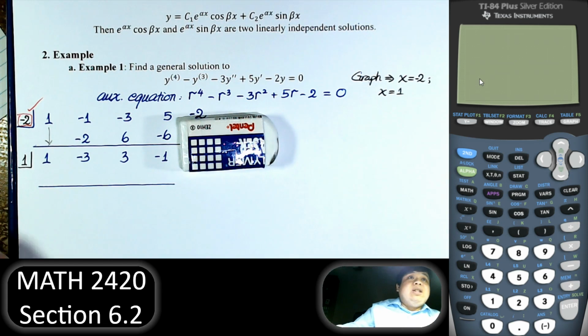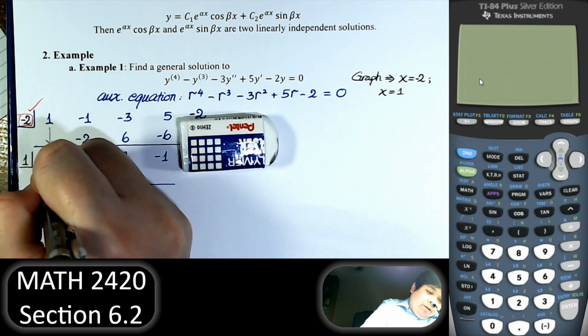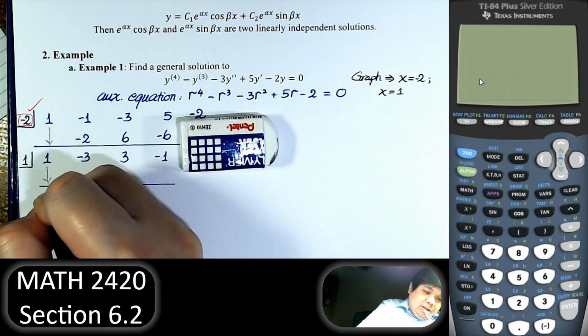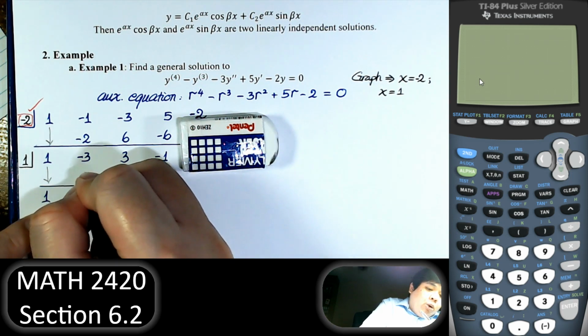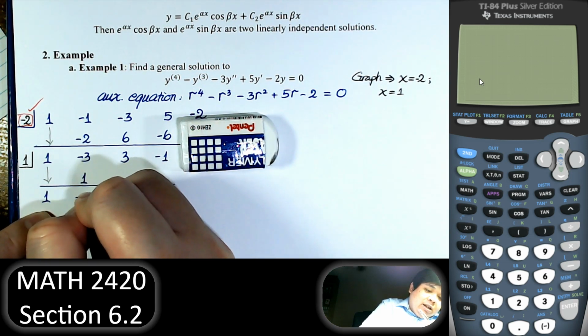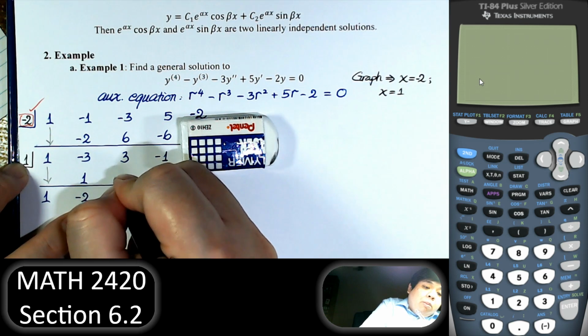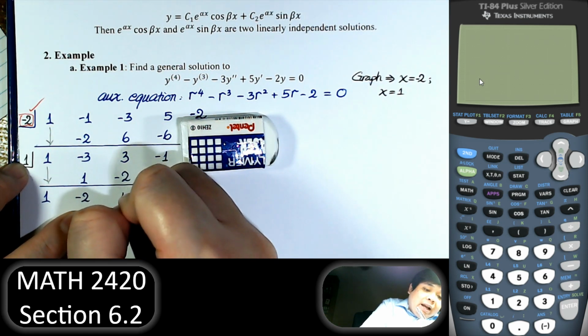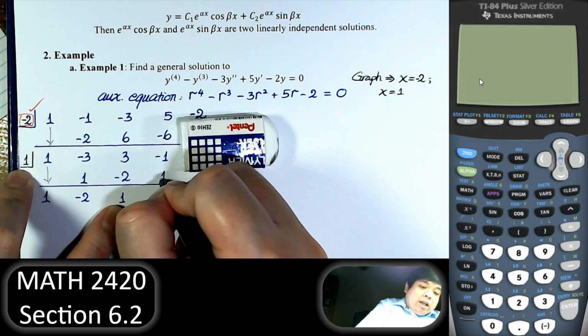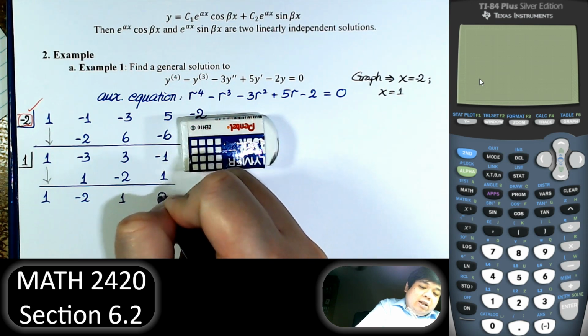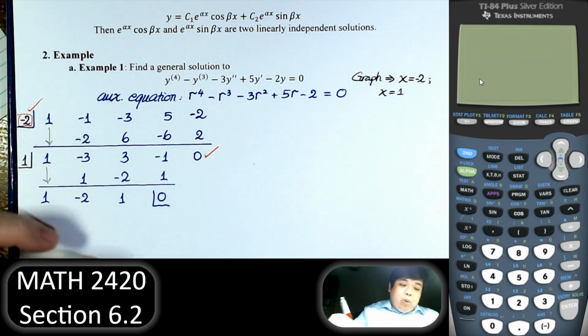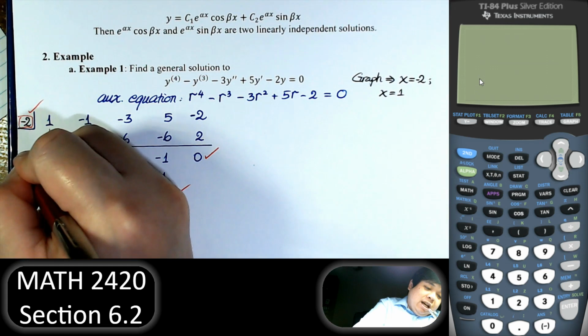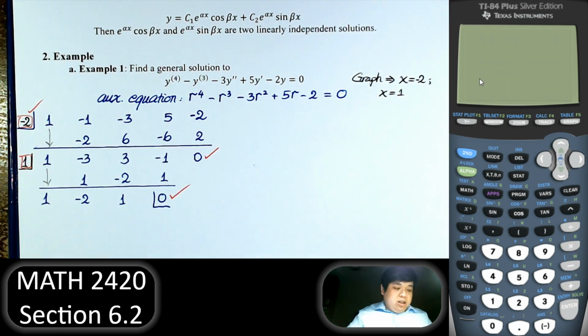So once again, synthetic division: write down the first number, multiply, put in the next column, and then add. Multiply, put in the next column, and then add. Multiply, put in the next column, and then add. Once again, we have a 0 remainder.